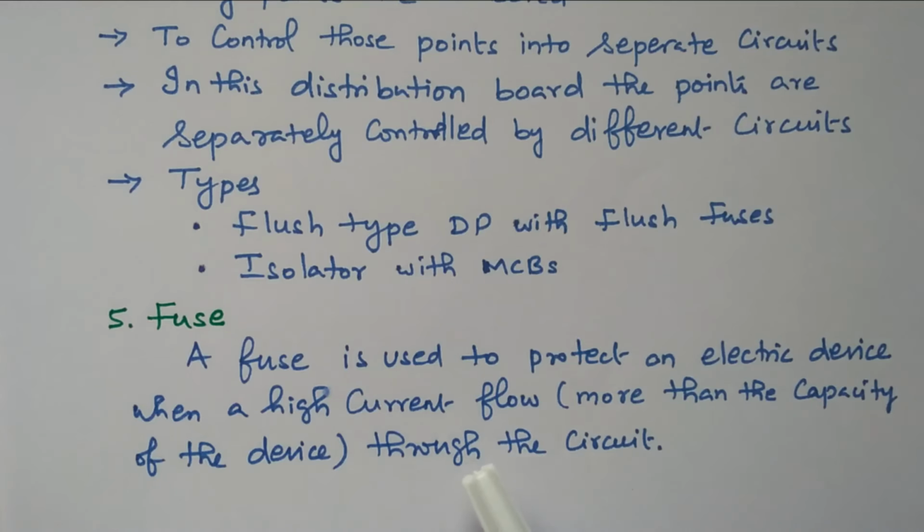Then we can replace the fuse, and see why the high current is flowing. If any fault is there, we can rectify it. So this fuse protects the electrical device by burning out when a huge current flows, so that it will not allow high current to flow in the electrical device. It will disconnect. Now we will go to the next type of accessories.